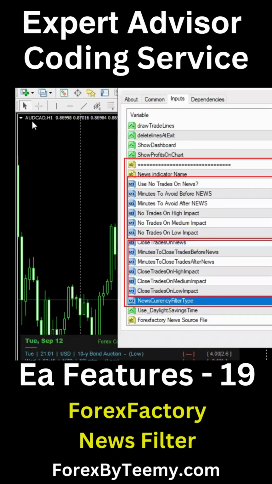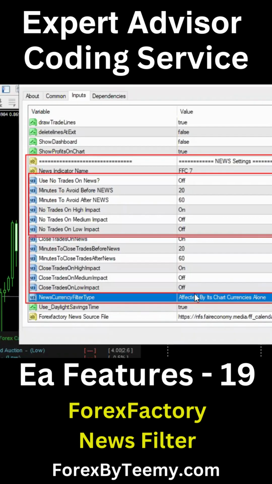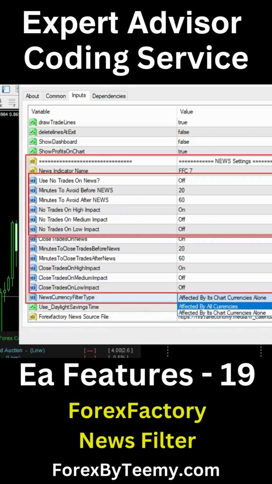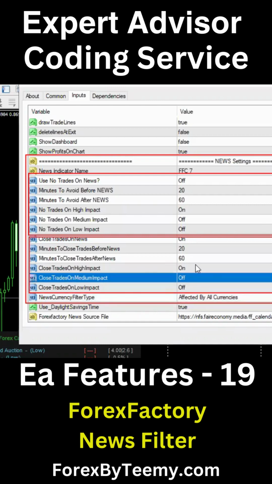For instance, that is AUD and CAD. So the news coming here are the AUD and CAD news. And if you want to be affected by all currencies, any currency whatsoever that appears, the news can actually affect. Also, take note that the impact is considered as well.